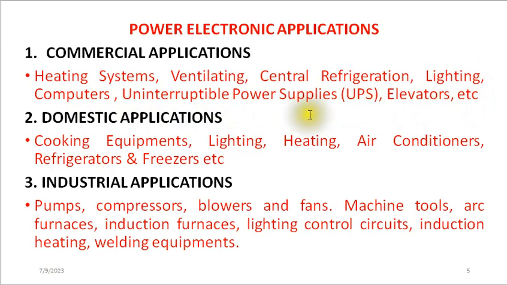In the domestic area, we have cooking equipment, lighting and heating, air conditioners, refrigerators, and freezers. In industrial applications, we have pumps, compressors, blowers, fans, machine tools, the arc furnace and induction furnace, which are used for melting metals. We have lighting control circuits, induction heating, and welding equipment.